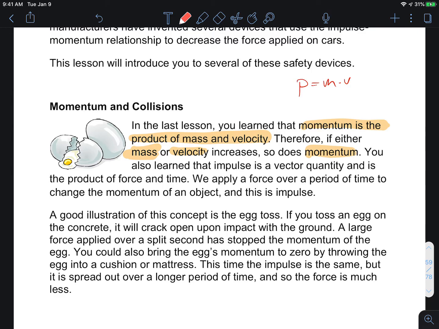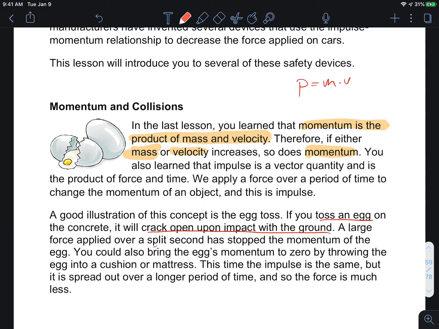So we apply a force over a period of time to change the momentum of an object, and this is the impulse. A good illustration of this concept is the egg toss. If you toss an egg on the concrete, it will crack open upon impact with the ground. That's because a large force has been applied over a split second, which has stopped the momentum of the egg.